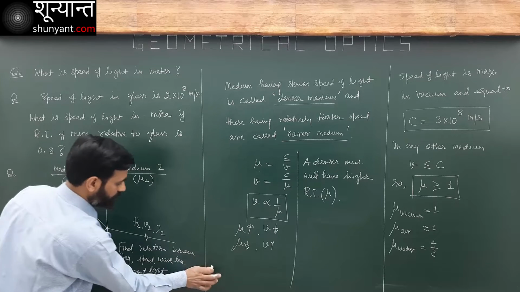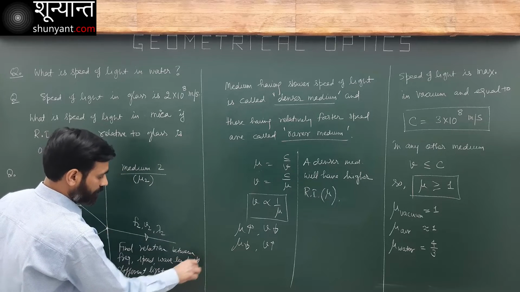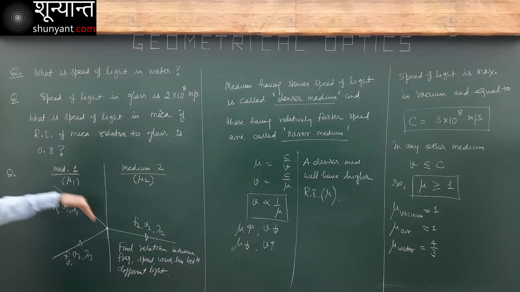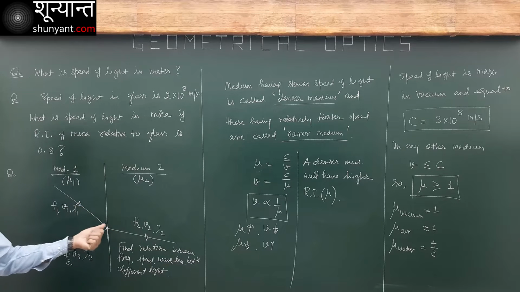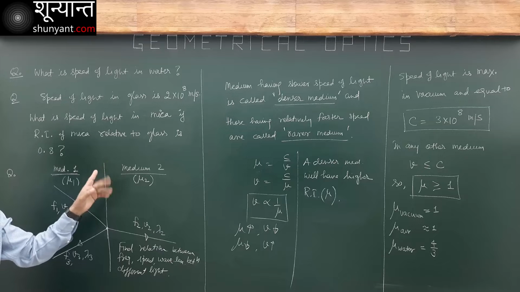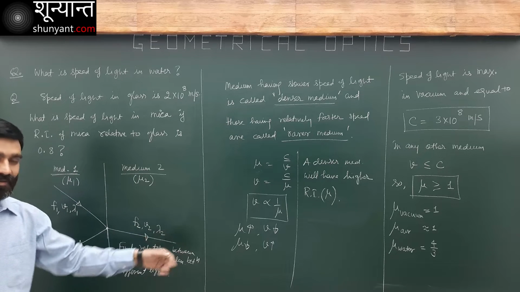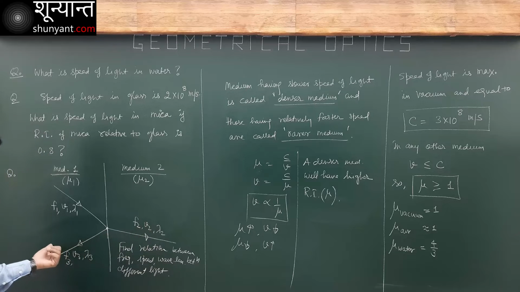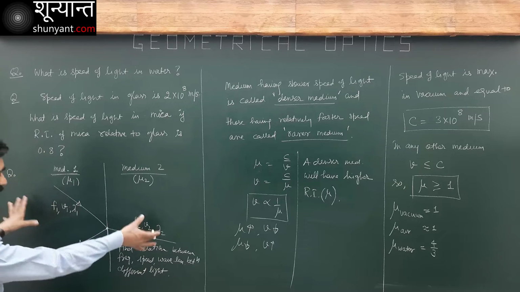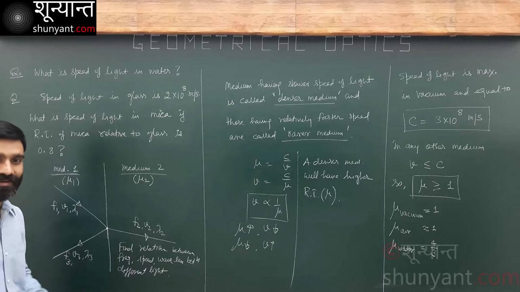So this is my incident light. This is the interface. It separates two mediums. Some part is reflected, some part is transmitted. This is refraction, this is reflection. I have to find relation between the various quantities. How they are related.